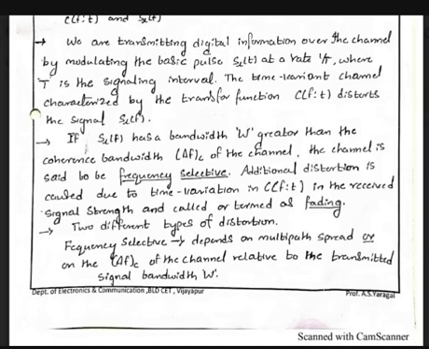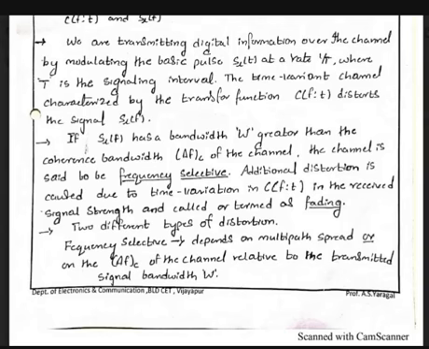Okay, there are two types of distortion that are being discussed here. One is frequency selective, another one is fading. Okay, frequency selective depends on the multipath spread, or you can say delta fc of the particular channel relative to the transmitted signal bandwidth W. Based on that we can define that if capital W, the bandwidth of the signal that has been transmitted, is much greater than the coherence bandwidth, it is frequency selective.